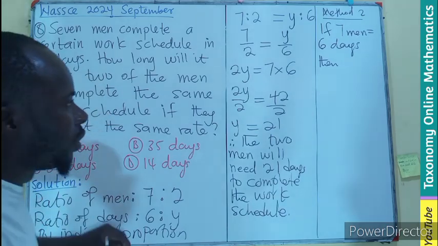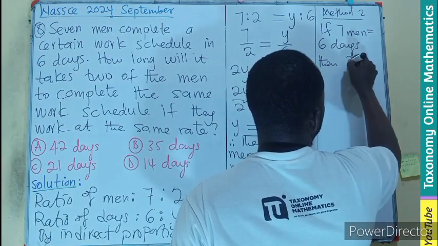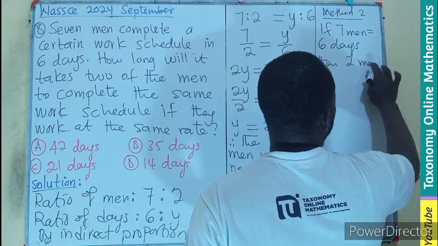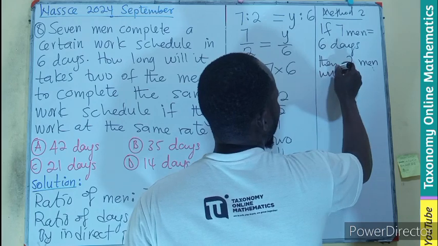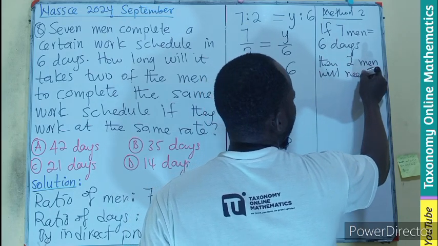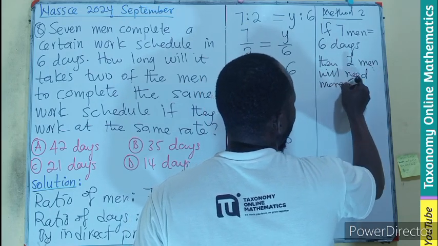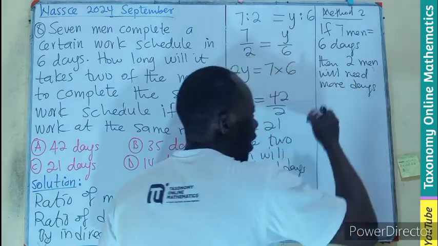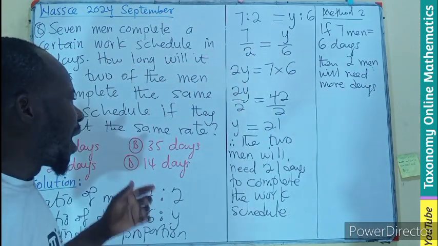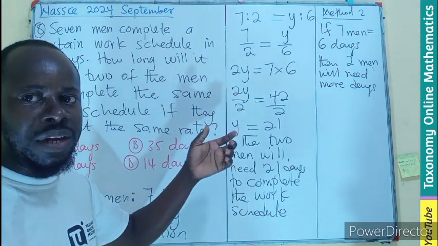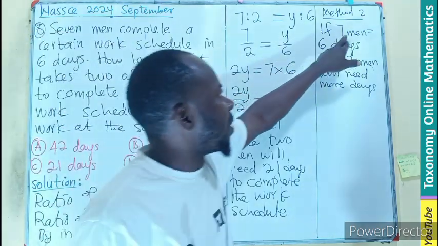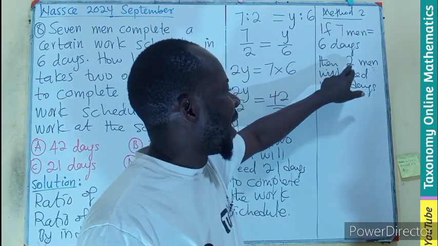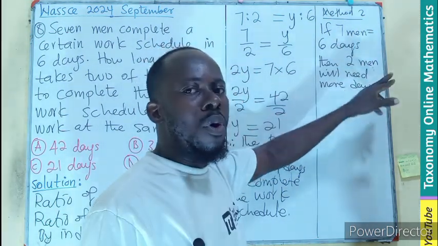Then we are going to pick 2 men, who will need more days. We have already given the idea why it is going to be more days. So if 7 equals 6, then it means that 2 will need more.